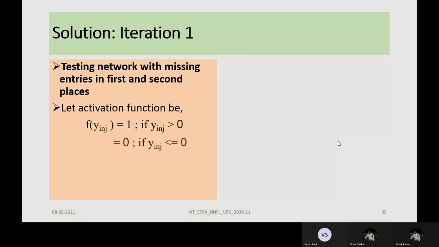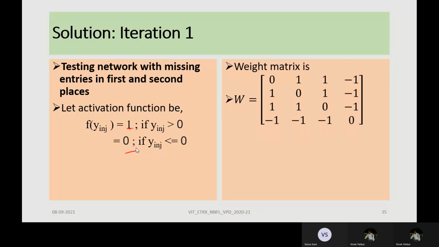The activation function as usual, we take the binary activation function. The weight matrix is known to us. The input vector has missing entries at first and second place. These two are missing entries. We made it 0. Is it clear till this point? Yes, sir.